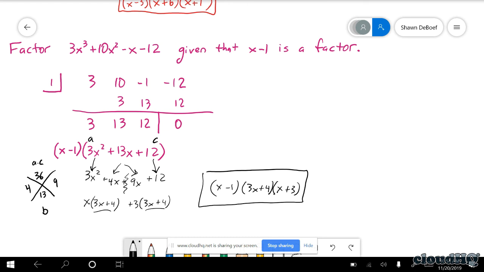Just a heads up, a preview into where we're going in tomorrow's section. In tomorrow's section, we will connect this to a graph. Why are factors significant to a graph? What do the factors tell you?